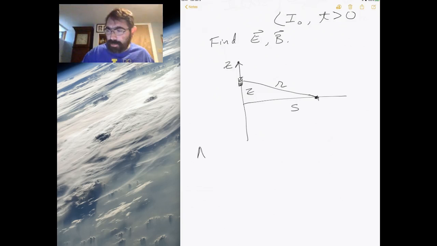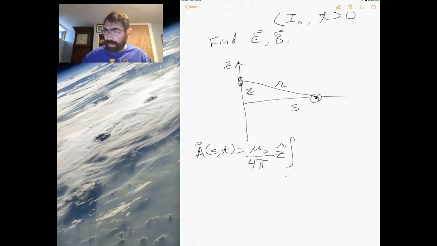So now I write out the magnetic potential at the distance s right here at some time t, and how I would do that is mu naught over 4 pi in the direction of z, integrating from minus infinity to infinity of the current at some retarded time t_r over r, dz. This is not going to be a volume current, but it is a line current, so I only have to integrate over the line dz.